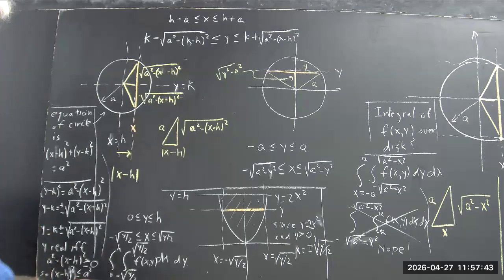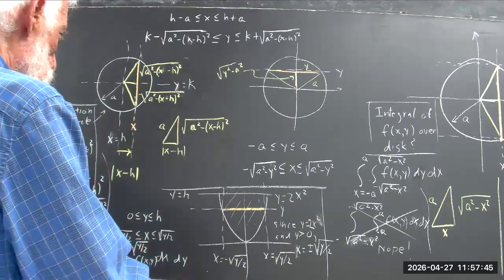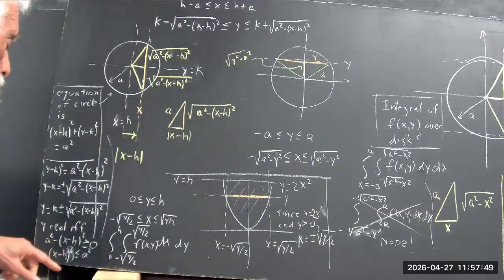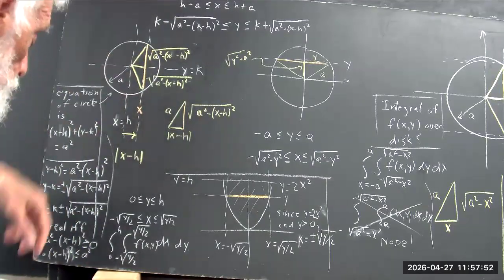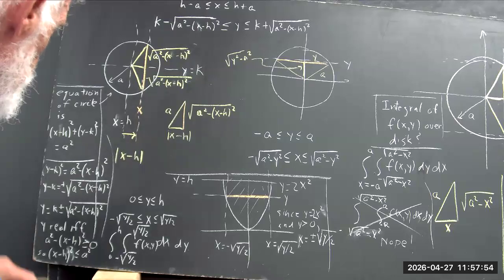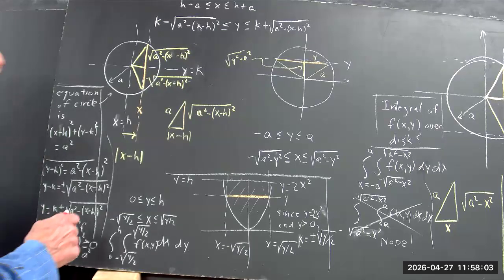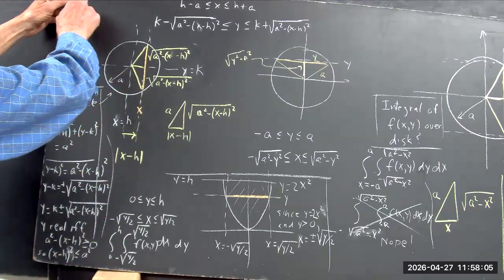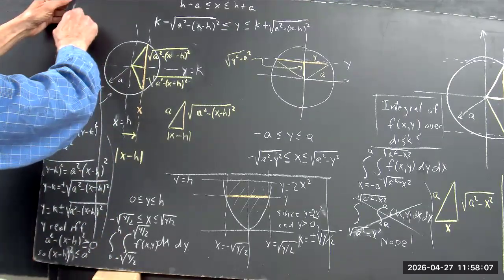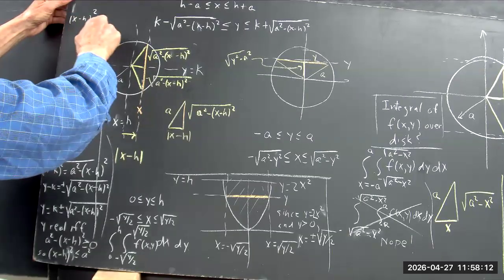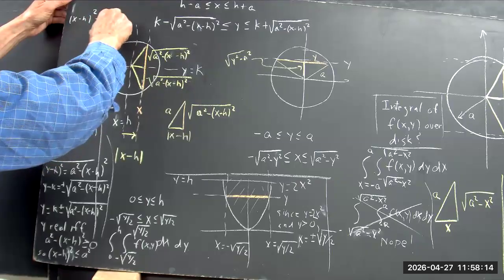I'm going to prop this edge of the board up a little bit. Anyhow, you get x minus h squared less than or equal to a squared. So I'm going to bring that expression up here. X minus h squared is less than or equal to a squared.